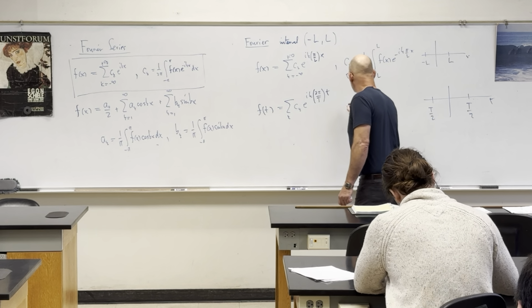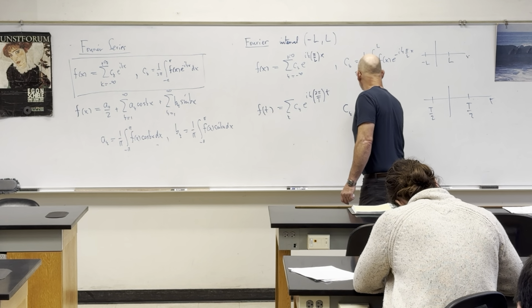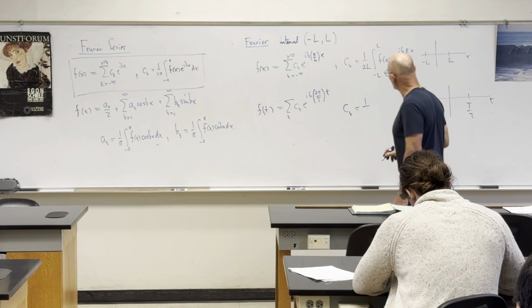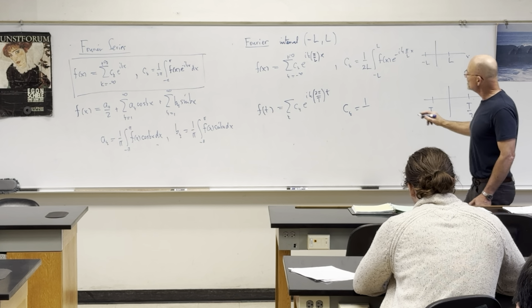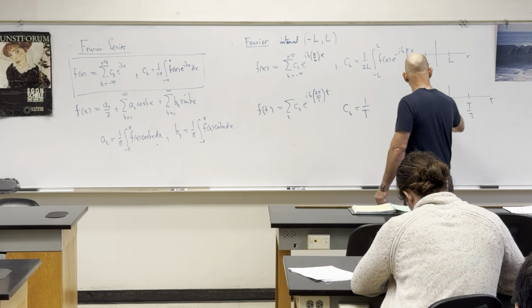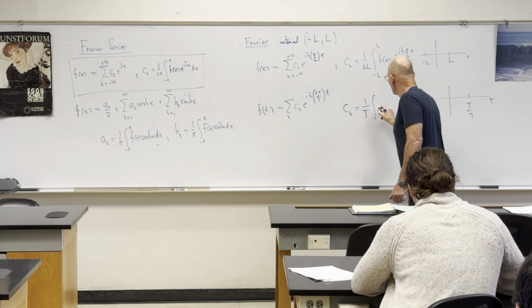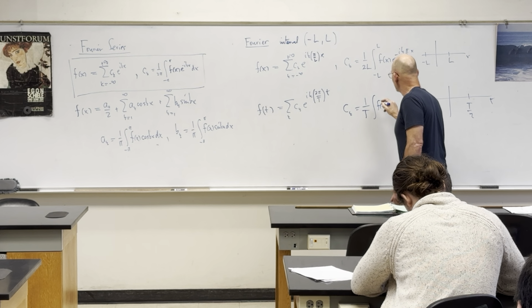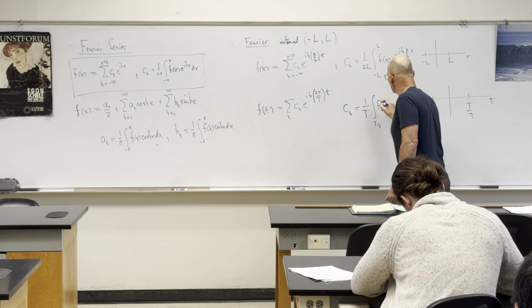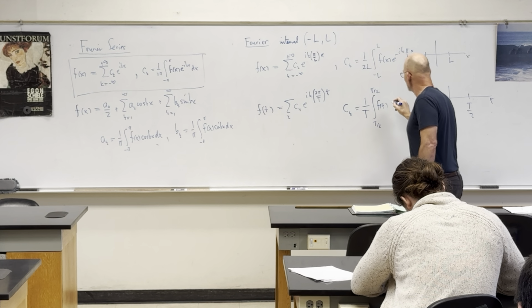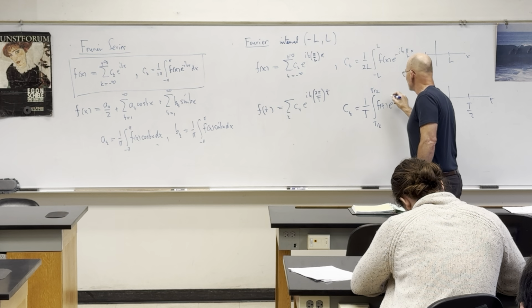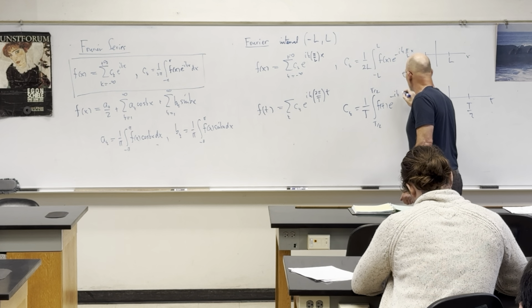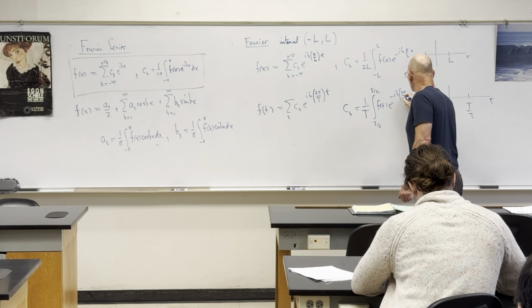And then c sub k is 1 over t in this case, because we're going from t over 2 to minus t over 2. Integral of f of t, e to the minus I k 2 pi over t.